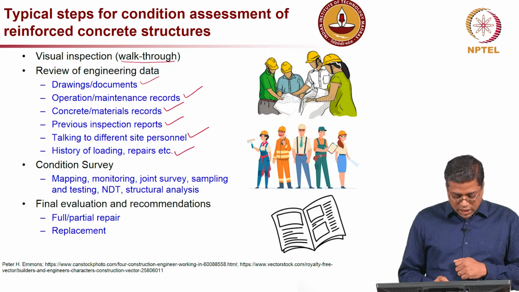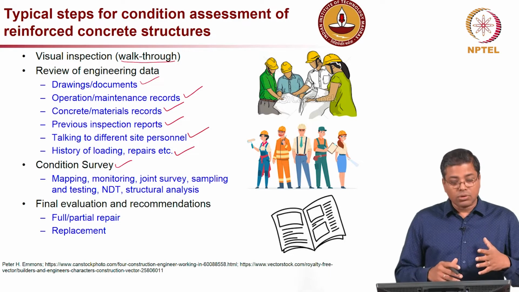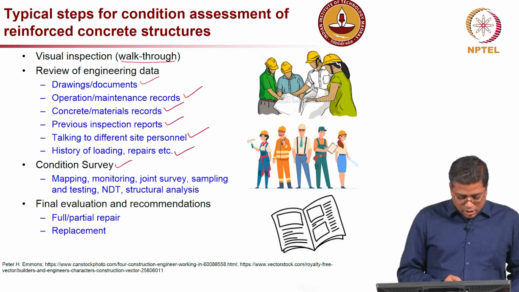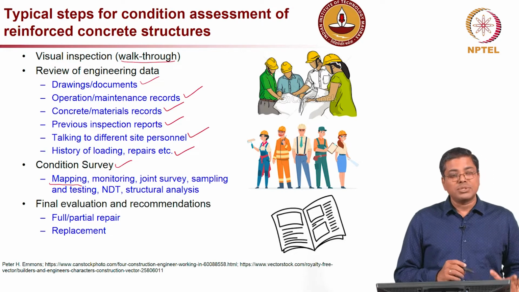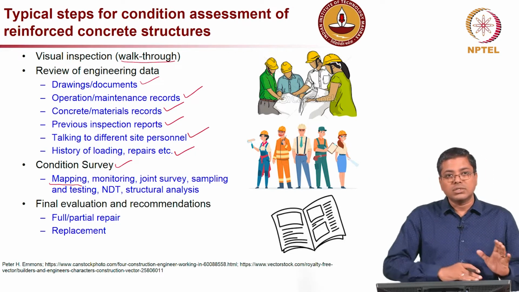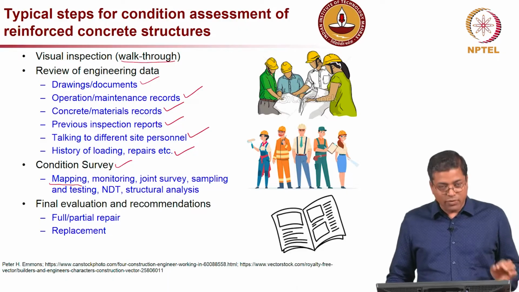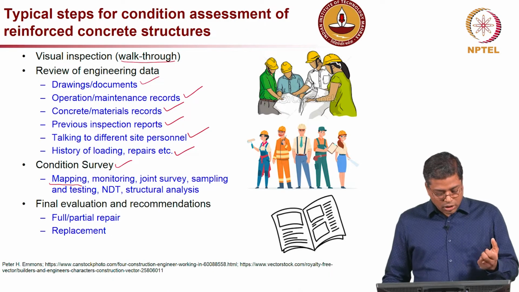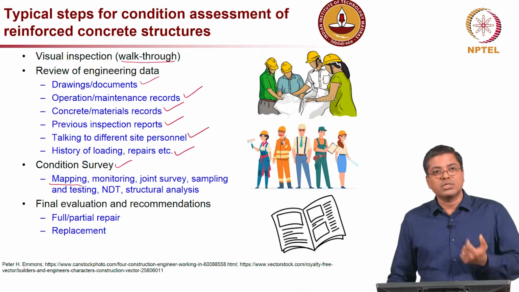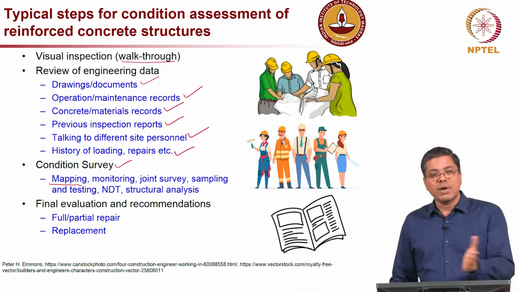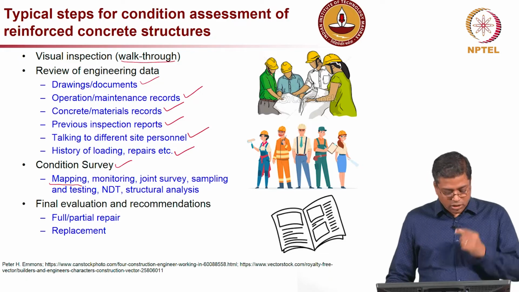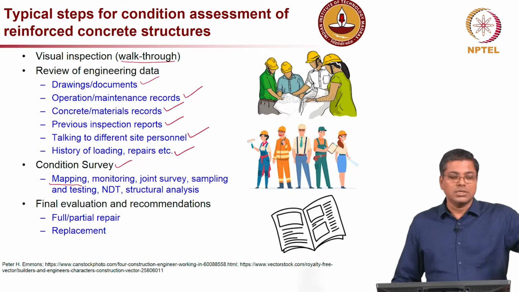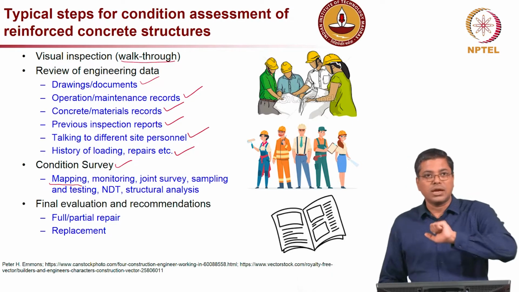Now, condition survey. You have to actually go to the structure and survey it. You can make maps of various properties along the structural element. One example: if you are talking about corrosion or delamination, you can map the entire concrete surface and say this region has more delamination than this region.